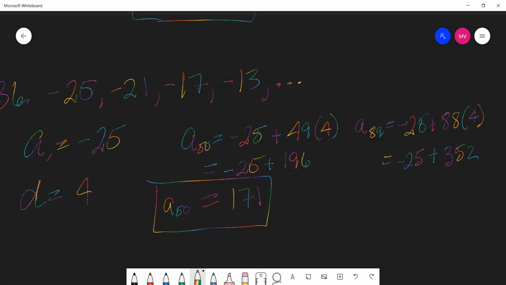All right, so what is negative 25 plus 352? That's just 352 minus 25, which is 327.